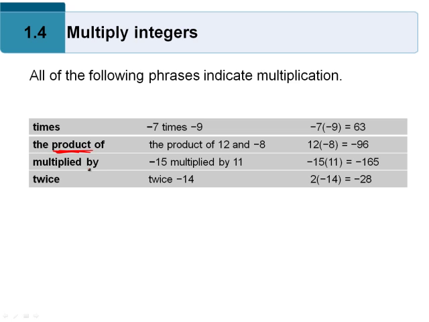Multiplied by would be just what it says, negative 15 multiplied by 11. And the last one, twice, always means 2 times something or times 2.